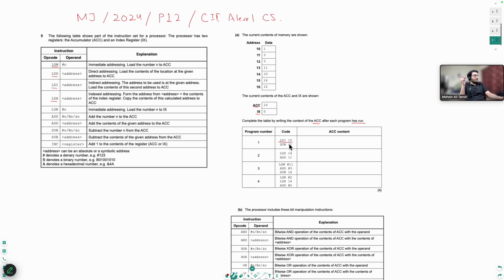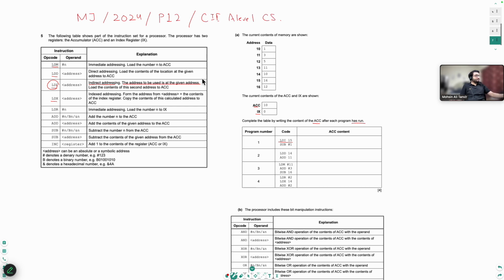Now, I hope you guys already remember, but if not, we can quickly go back and see that LDI stands for indirect address, which says the address to be used is at the given address. So the address is at the given address, guys. It's sort of like a double address we're talking about over here.